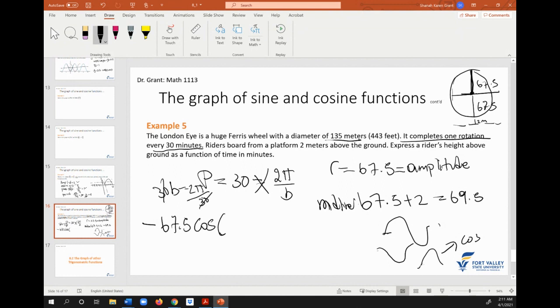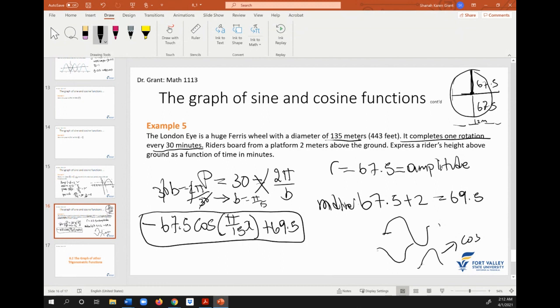B is going to be, we can divide by 2, so it's going to be pi over 15. So this is going to be cosine of pi over 15 x, right? Plus 69.5, which is my midline.